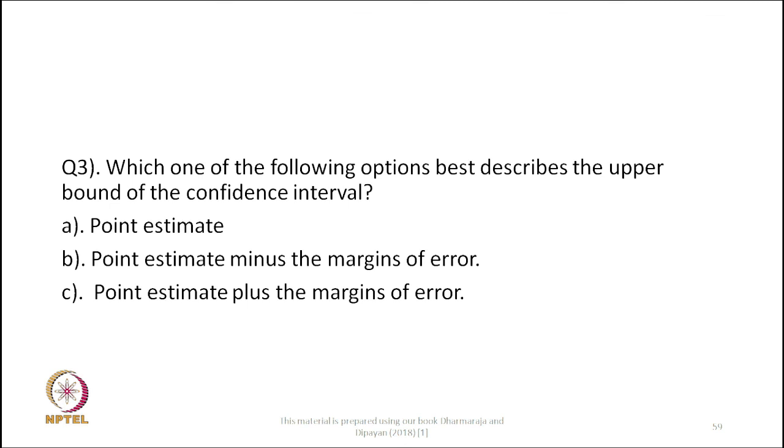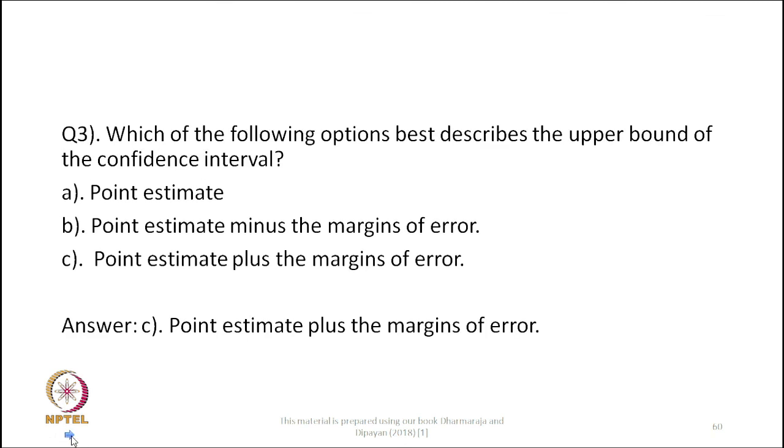Option A, point estimate; option B, point estimate minus the margin of error; option C, point estimate plus the margin of error. The correct answer is point estimate plus the margin of error.